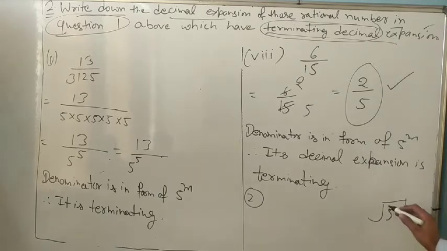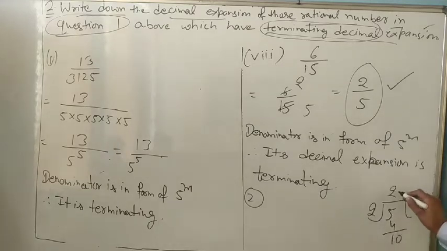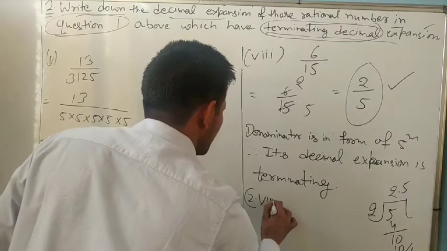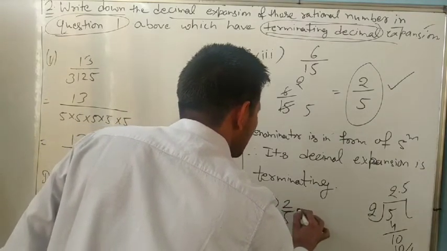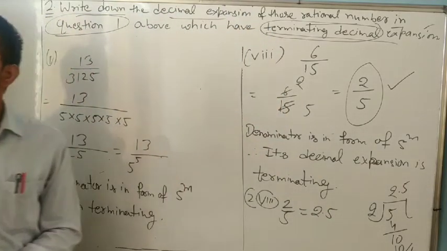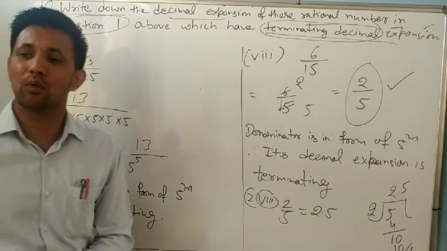Now 5 divided by 2. 2 fours are 8, 1 0. Now 2 fives are 10. Is it terminating or not? So in the second question, 8th part, we write 2 upon 5 equal to 2.5. Understand or not? 2.5.